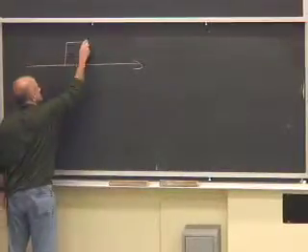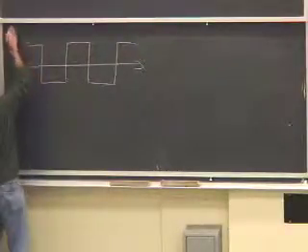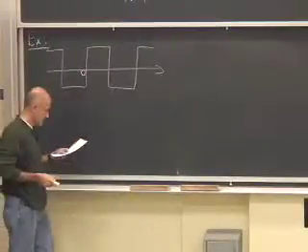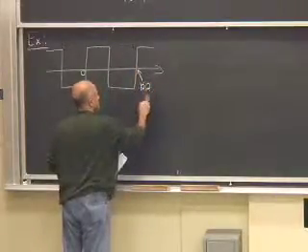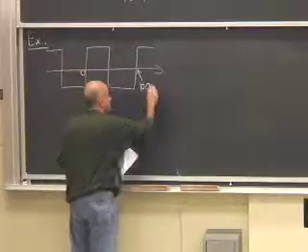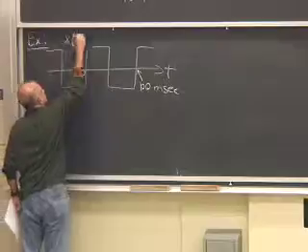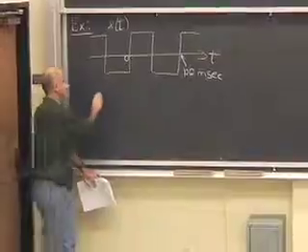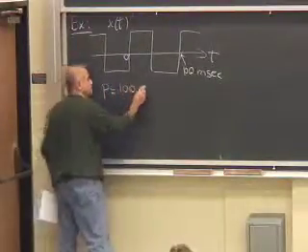Now let's do an example. So let's say I have a square wave. Now let's say this is 0, and this is 100 milliseconds. This is x of t. Periodic? What's the period? 100 milliseconds.